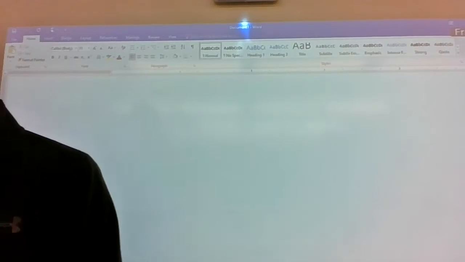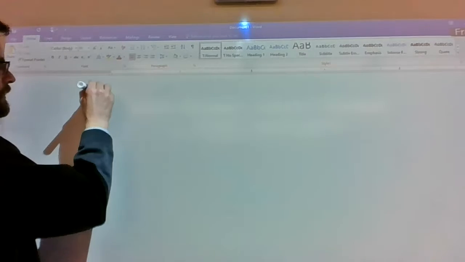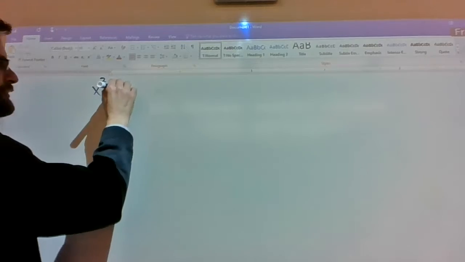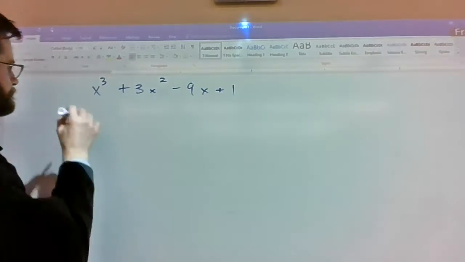I'm going to go from the handout. If you check out number 3, I'm going to use that function. So take x cubed plus 3x squared minus 9x plus 1. We'll say that's our f of x.